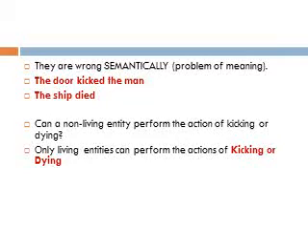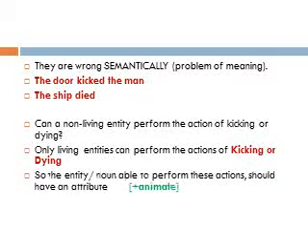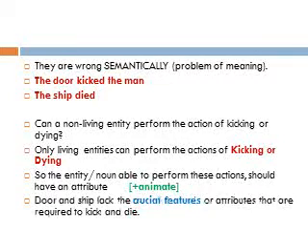So only living entities can perform these actions. The entity or noun able to perform these actions should have a semantic feature plus animate. So door and ship lack this crucial feature that is required to kick and die, hence the odd meaning of the sentences.